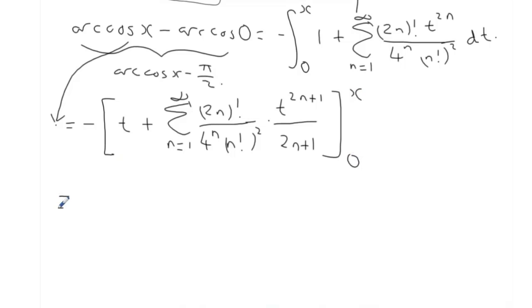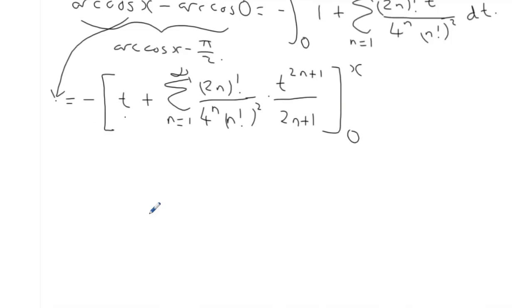So that means arc cos x minus pi by 2 equals, now we can put everything in. And think about the 0, this is going to be 0 here, and the second term is going to be the 2n factorial over 4 to the n times n factorial squared, but then if t is 0, all of those terms are going to be 0, so that's quite helpful. So now I'm going to do two things. Firstly, I'm going to put the x in where the t is, that shouldn't be too difficult.